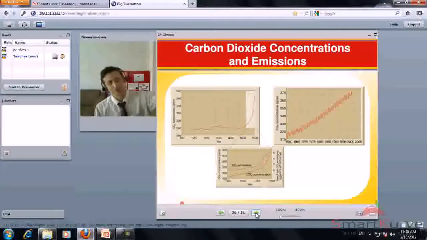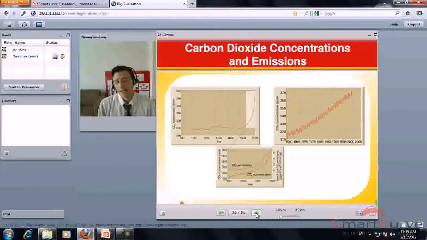We go up here and down there, but it stays pretty steady. It's only been since the year 1800 that that concentration of CO2 has skyrocketed. It's just taken off like a rocket. And that's largely because of carbon dioxide emissions from human activities like industry and power generation.